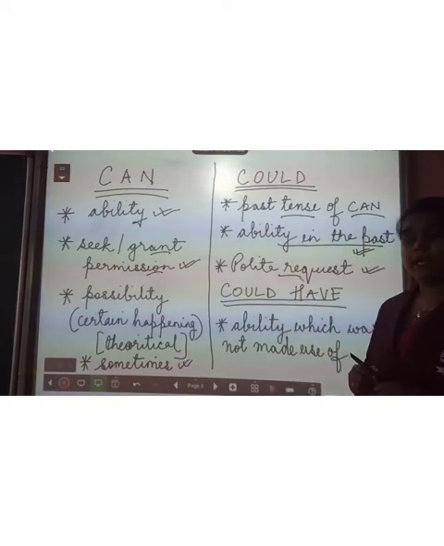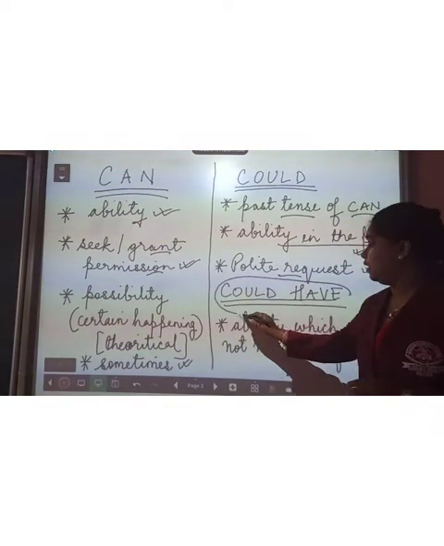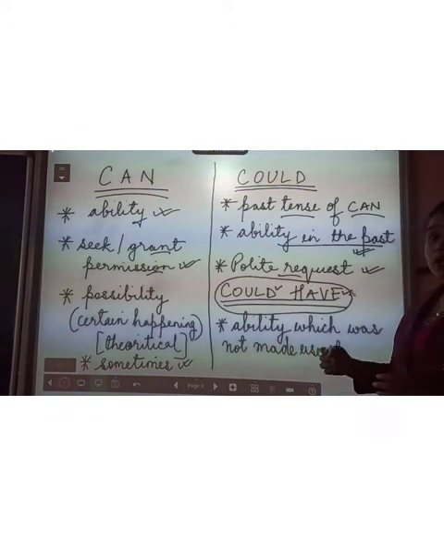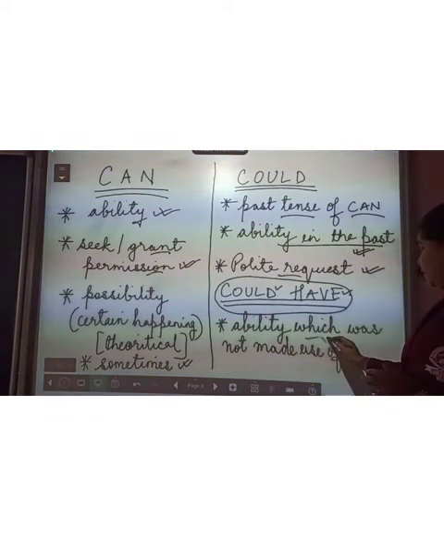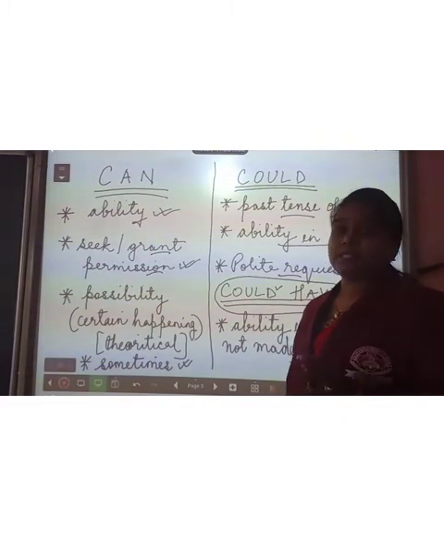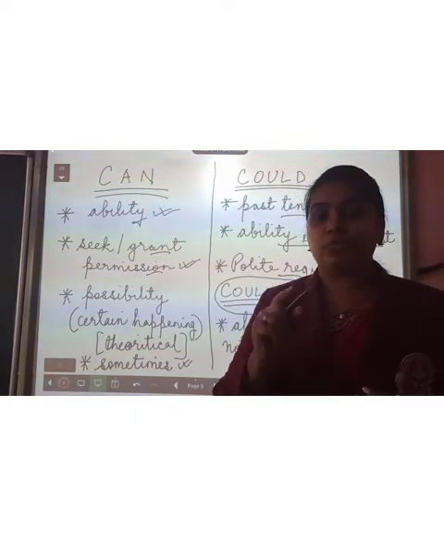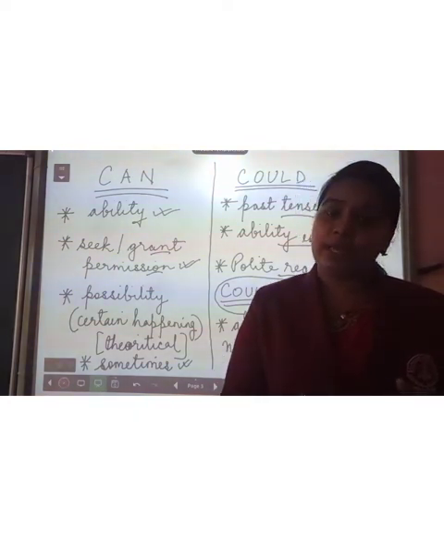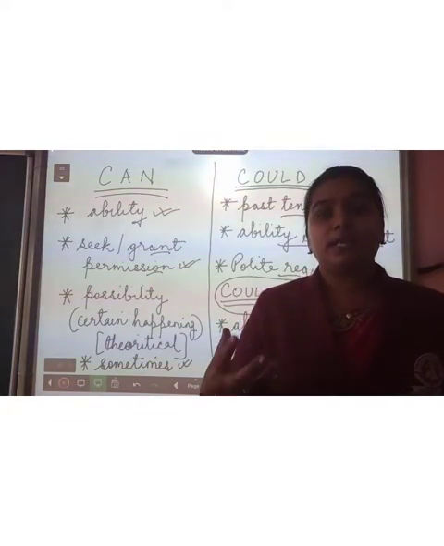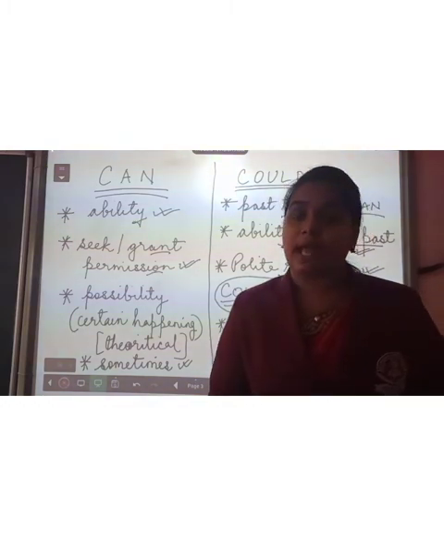Now next we have to see could have. Sometimes we are using could with have. So what does it express? It expresses the ability which was not made use of. As we have learned, can and could are used to express ability. So when we are using have with could, it is expressing the ability, the capability, or certain things which could have happened but did not happen.